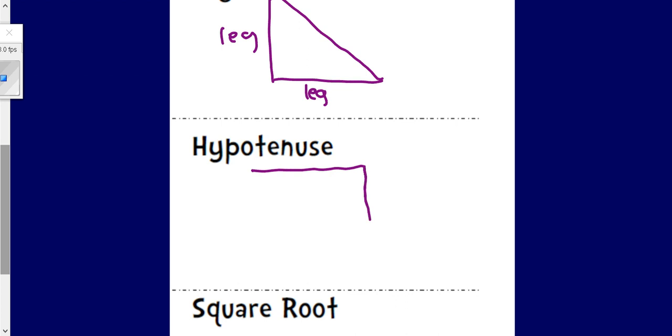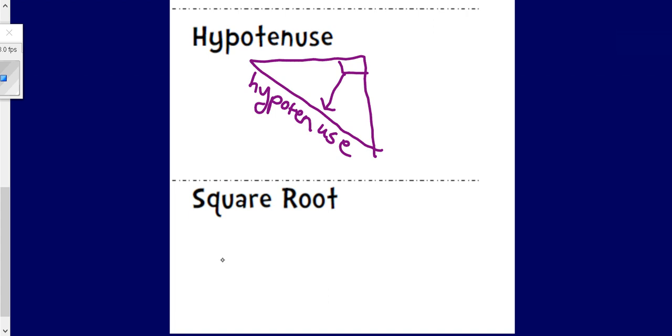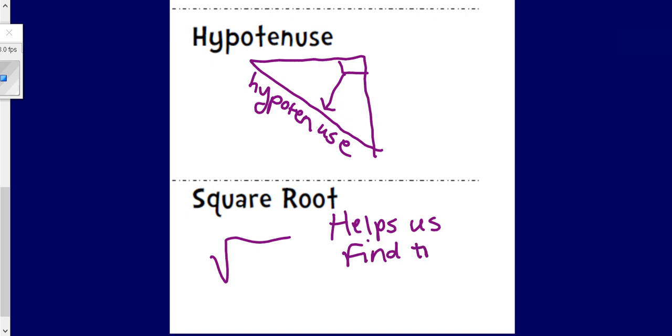I have the hypotenuse of my right triangle, always found across from the right angle. And finally, I have the square root. The square root helps us find the side length of the triangle.